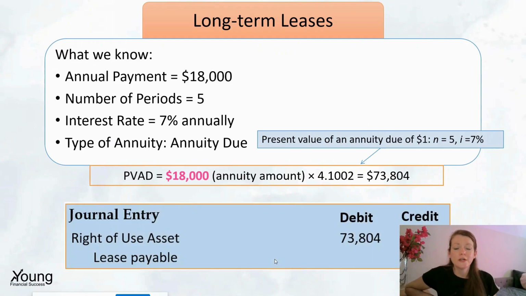So our journal entry, what they would actually do as the company that is going to be leasing this asset, using the asset, they debit the right of use asset for the 73,804 and they credit the lease payable. We'll get into how all of this works after this situation in intermediate 2.